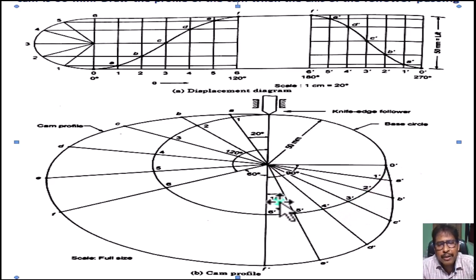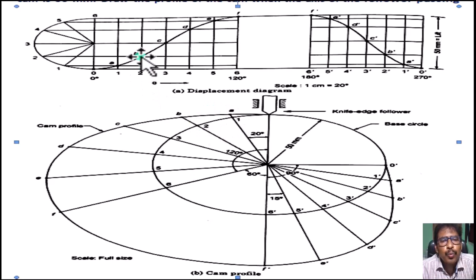We draw these lines. Now this is the dwell portion again. Mark 0. Now 1A, cut this portion.